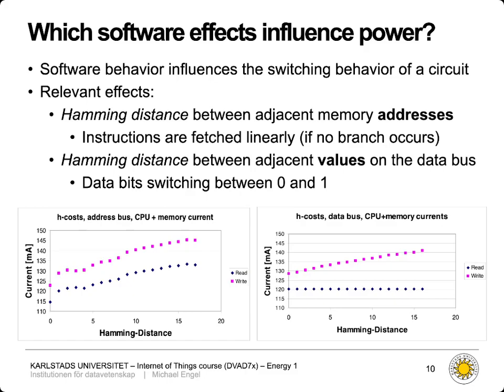So we've seen that software behavior can influence, and does influence, the switching behavior of a circuit. So, for example, if we add two numbers, and these two numbers are both zero, of course the result is zero. So if I add 0 to 0, like you did in school when you learned addition on paper for the first time, you add each digit separately. And if you add a 0 to a 0, the result is always a 0. So there's no bits flipping.